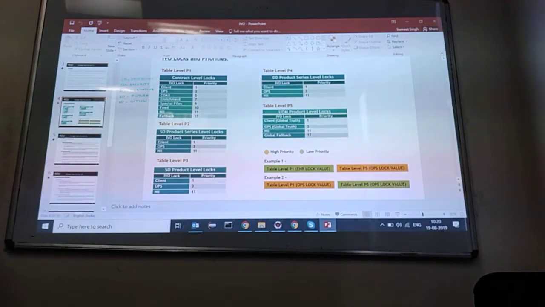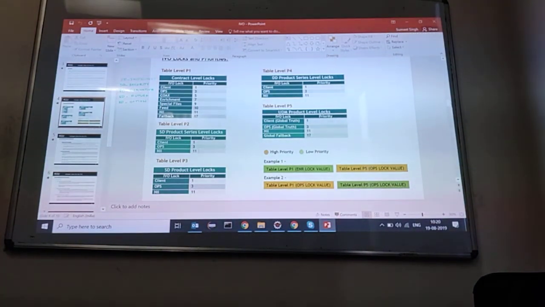Okay, these are the tables. If on any attribute from these tables we are applying a lock, I am considering it as a contract level table.